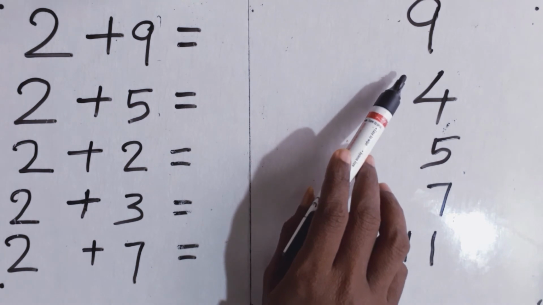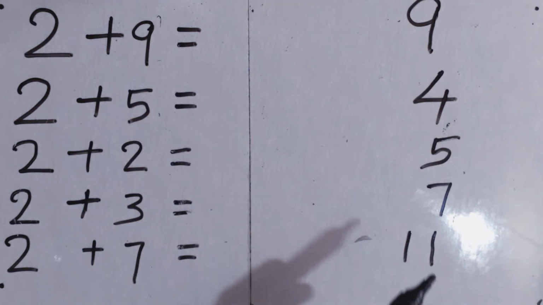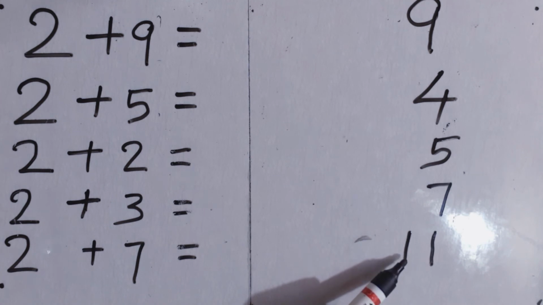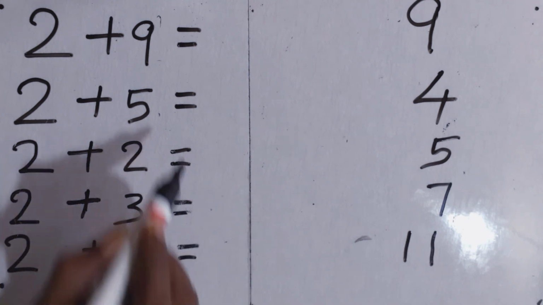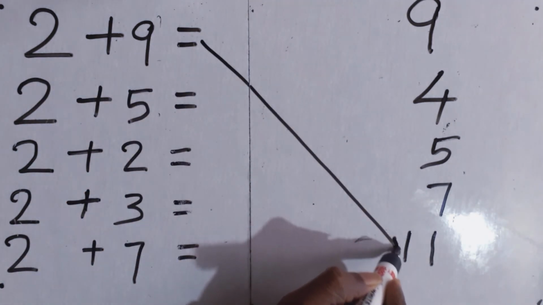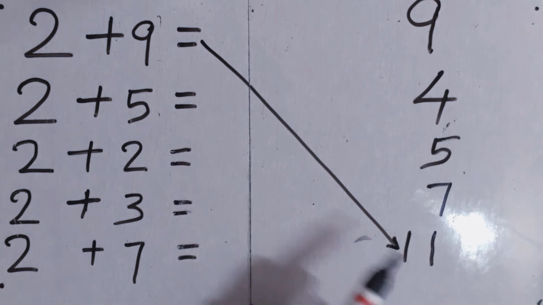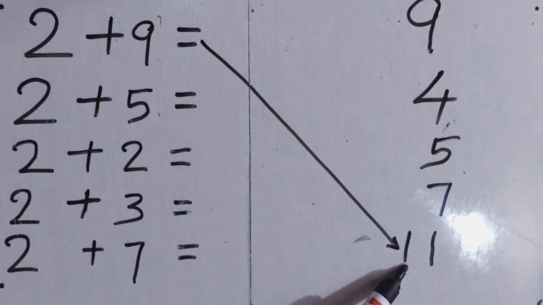Where is the answer here? 2 plus 9 is equal to 11. Here is the answer. Now you draw the line from here to there. Now you match from here to here. 2 plus 9 is equal to 11.